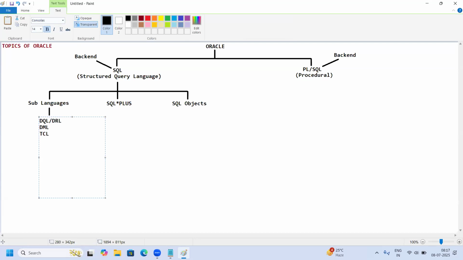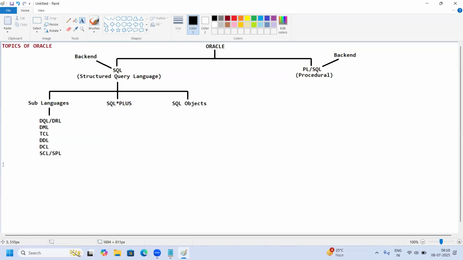TCL, that is transaction control language. DDL, that is data definition language. Then DCL, data control language. SCL or SPL, session control or protein language. That is the expansion of all these sub-languages, total 6 sub-languages.